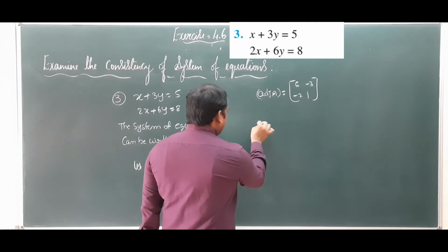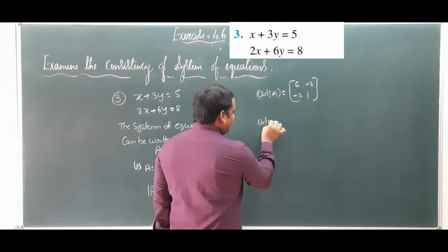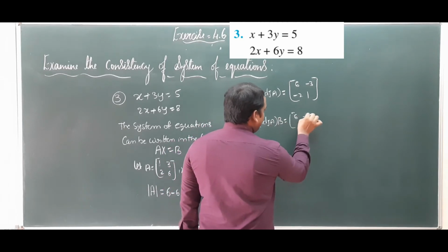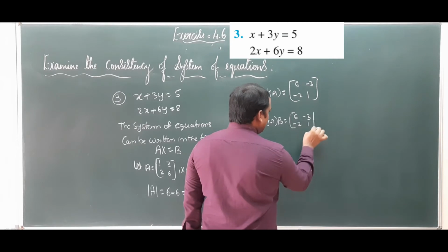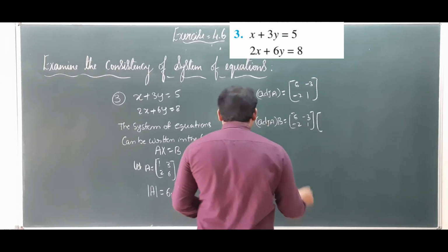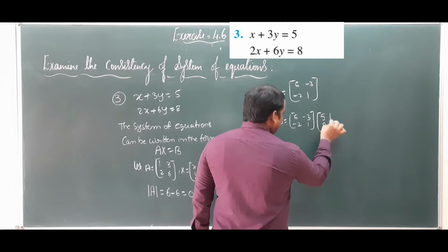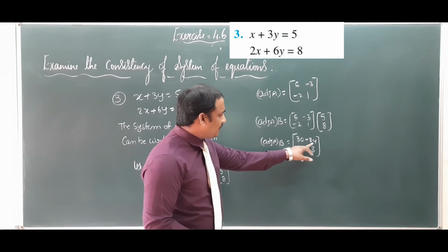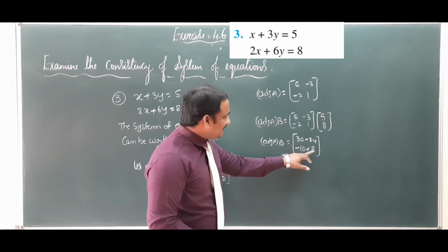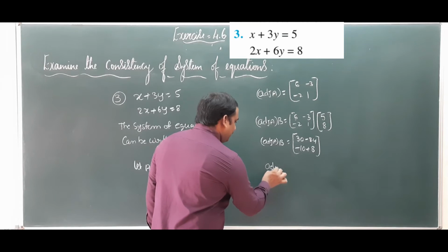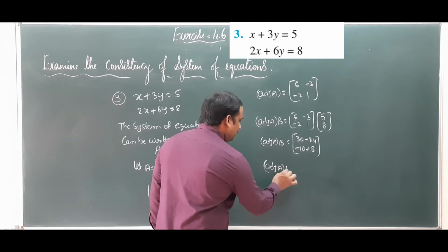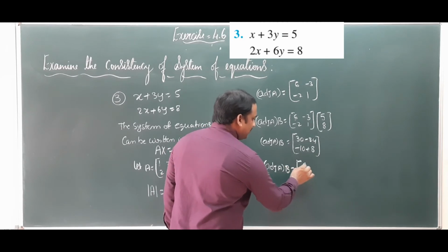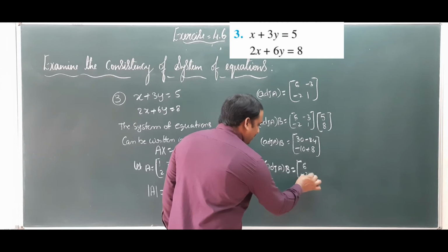Now you have to calculate adjoint of A into B. Adjoint of A is 6, minus 3, minus 2, 1, into B matrix 5, 8. Now you multiply. Adjoint of A into B equal to 30 minus 24, here minus 10 plus 8, that is 6, minus 2.